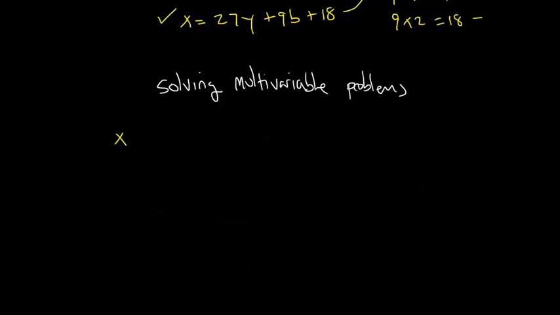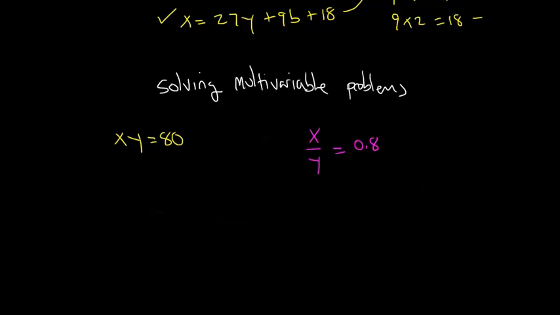So for example, if we know that x times y equals 80, we don't have a way of figuring out exactly what x is or exactly what y is from the information that we're given here. But if we're told that in addition to x times y equals 80, that also x divided by y equals 0.8, now we have two equations that include both of our variables. And because of this, we're actually able to figure out the value of each of these variables.